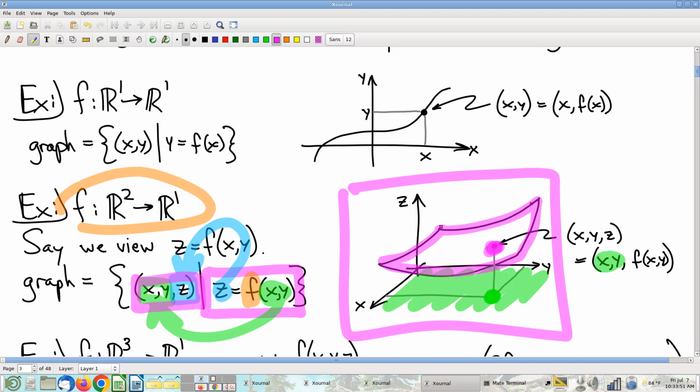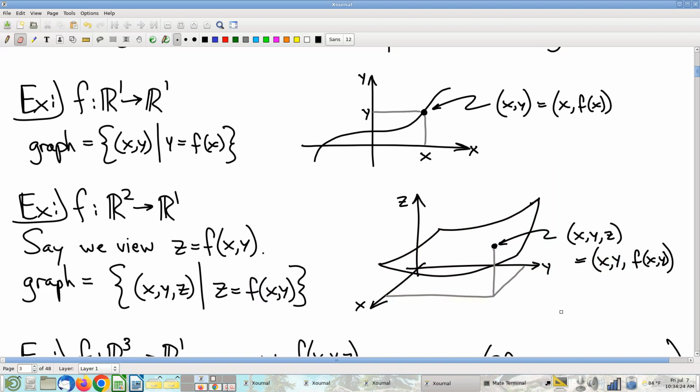My appeal is that what the function effectively does is it pushes points in the xy plane up by different amounts depending on the value of the function. And so the two-dimensional domain gets lifted to make now a two-dimensional surface. What do you think? Is that cool? All right.